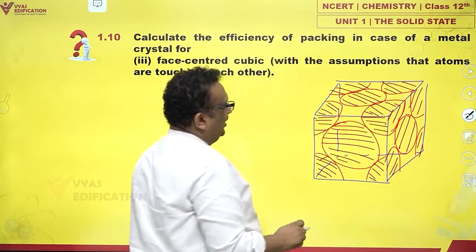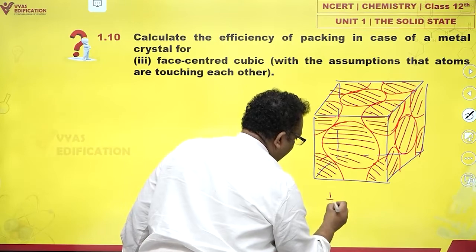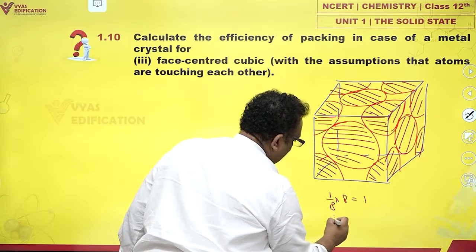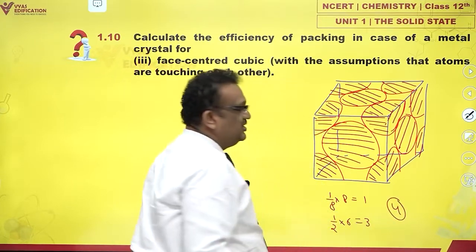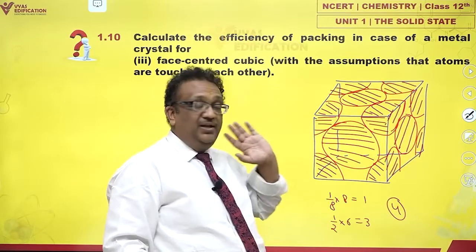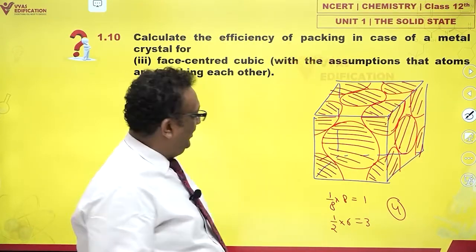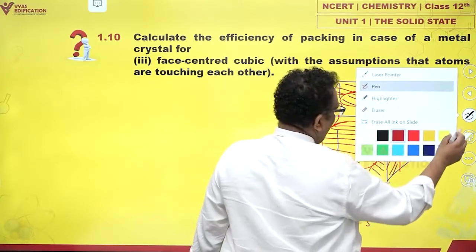Now, there are 8 corner atoms. And at each corner you get 1/8, and there are 6 faces, half each. The total occupancy is 4. That means there are 4 spheres within this FCC structure. And if I look at just this face, I could discover a few things.